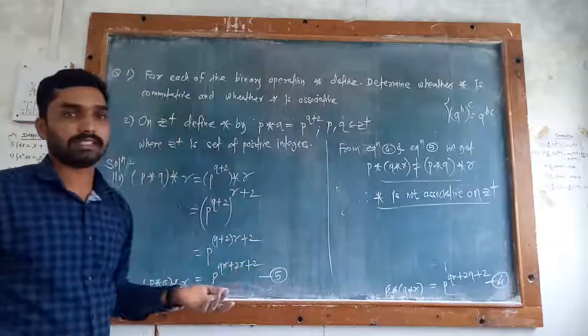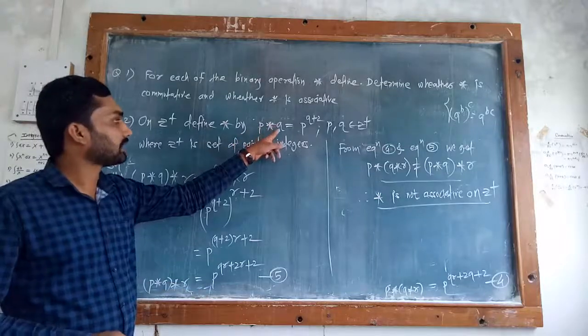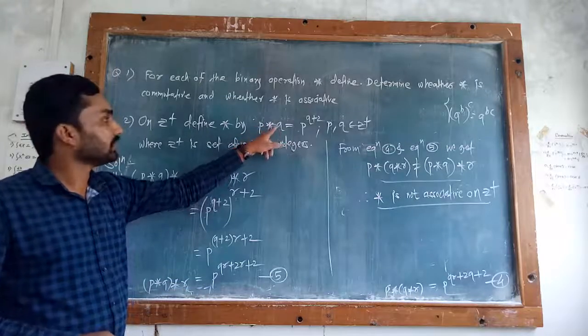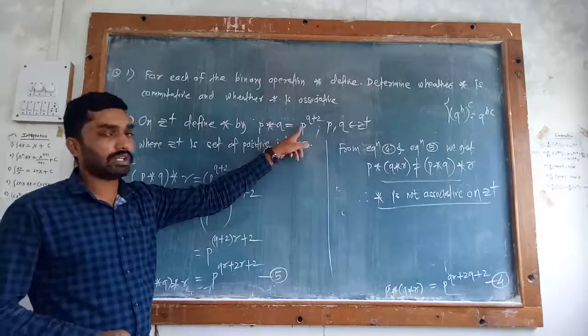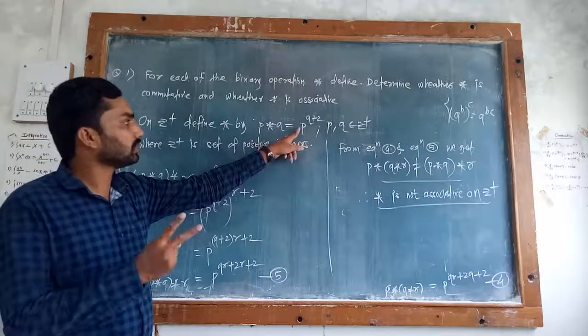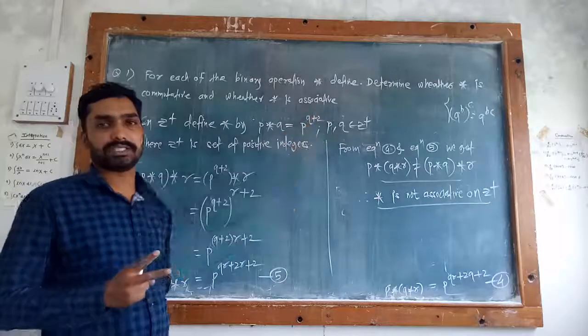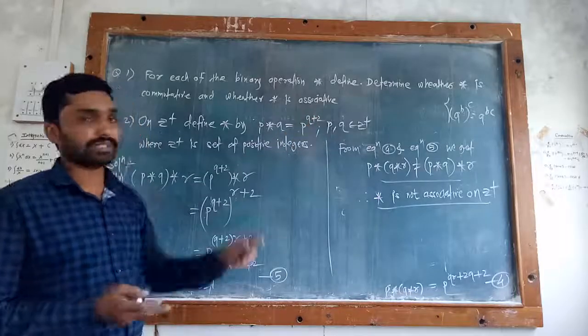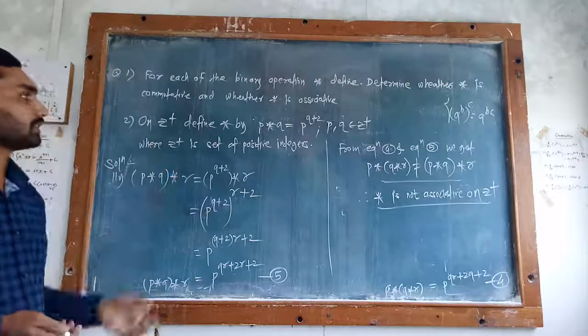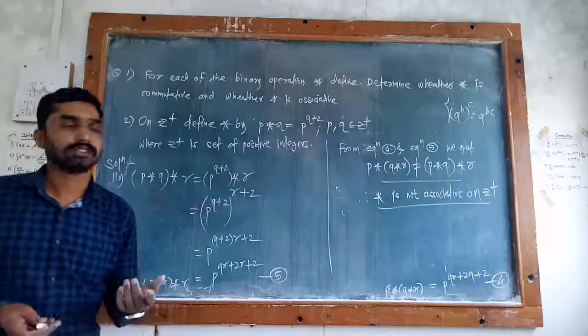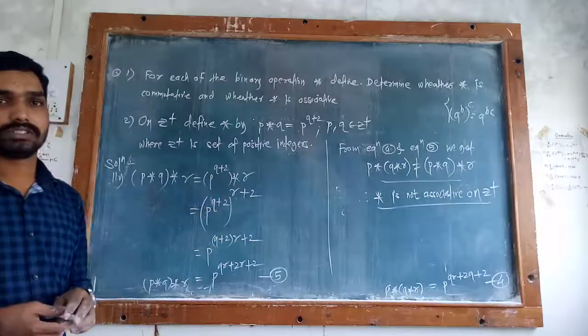For the other side, q star p: q is 2 and p is 1. So 2 star 1 becomes 2 raised to 1 plus 2, which is 2 raised to 3, which is 8. Therefore 1 is not equal to 8. Therefore star is not commutative for p is 1 and q is 2.